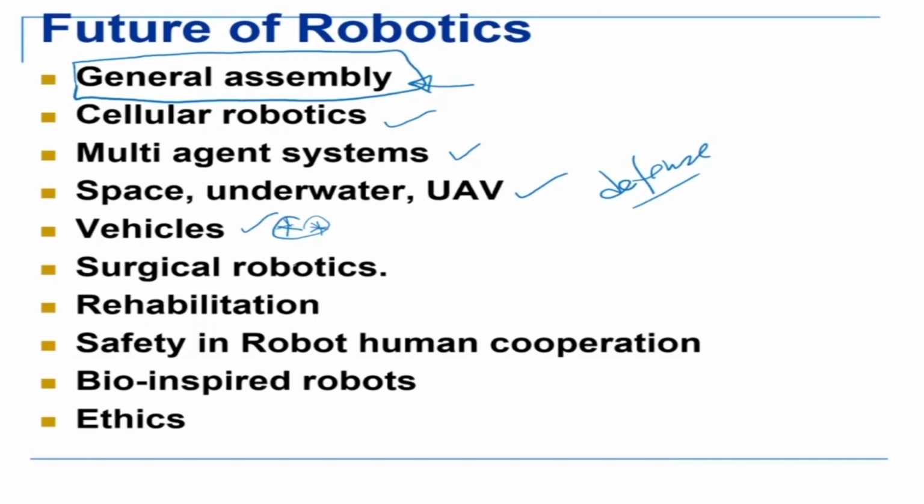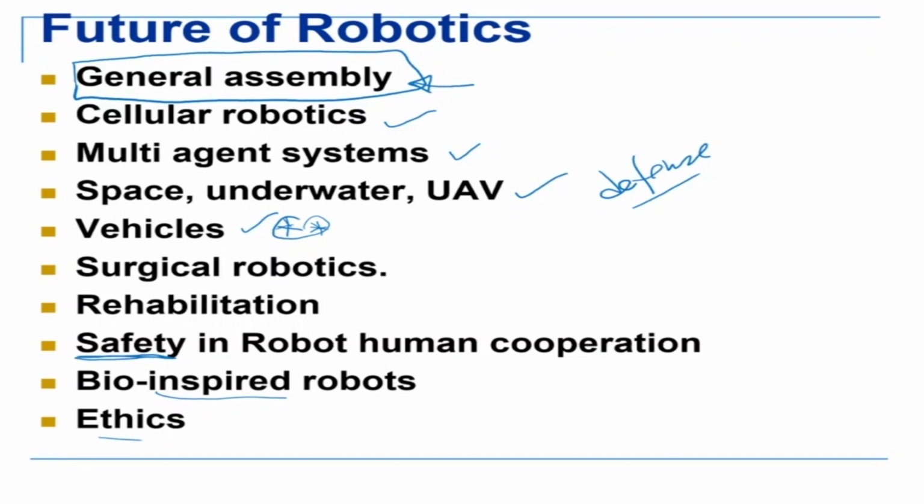We can call it robotic vehicles. We already have examples of the Google car and unmanned taxi service. Surgical robotics, rehabilitation, safety in human-robot cooperation, designing of robots which are safe, bio-inspired robots, and then ethics in robotics. So this is the future direction in which the industry is moving.